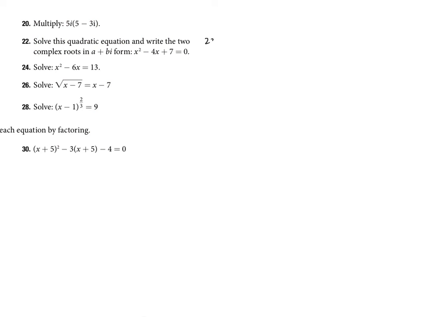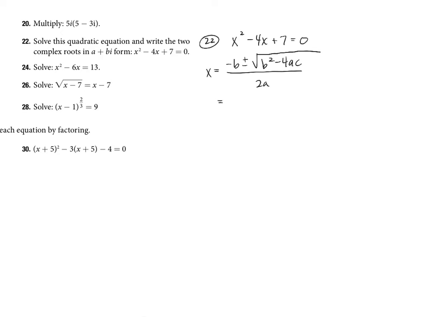Number 22, so we're going to solve x squared minus 4x plus 7 equals 0. So this one cannot factor, so we're going to solve by the quadratic formula. So -b plus or minus the square root of b squared minus 4ac all over 2a. Again, make sure you have that memorized.